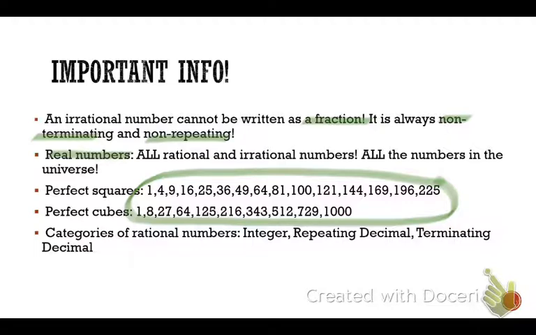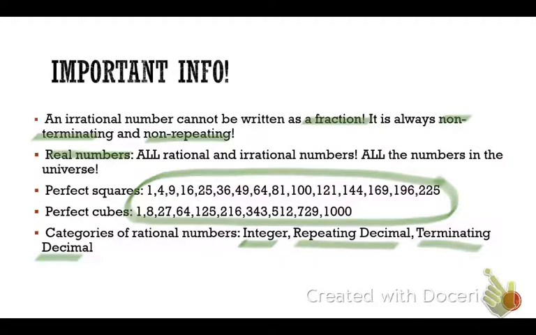So let's talk about rational numbers and then we'll move on. If you say, Ms. Kenner, I looked at this number and I changed it to a decimal and it's rational, you have to tell me: is it rational because it's an integer, because it's a repeating decimal, or because it's a terminating decimal? Somebody give me an example of an integer. Negative 2.